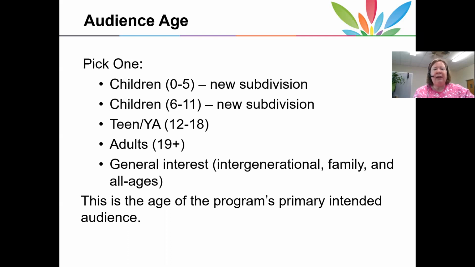IMLS also clarified that the teen ages are 12 to 18 and that adults are ages 19 and up. An adult program might be something like retirement planning or long-term care insurance, clearly an adult program that teens and children will not be interested in attending. That's versus a general interest program, which is intergenerational, family, or all ages, like a PG movie that a whole family comes to.